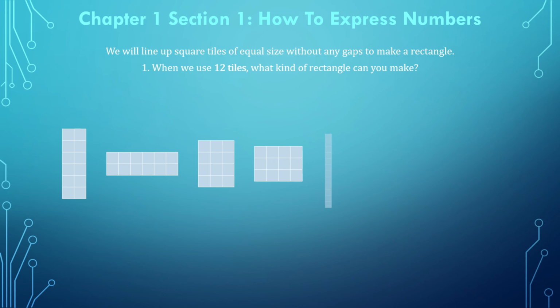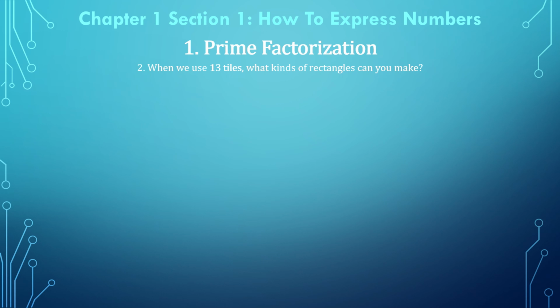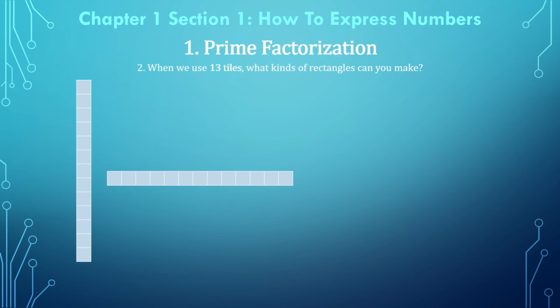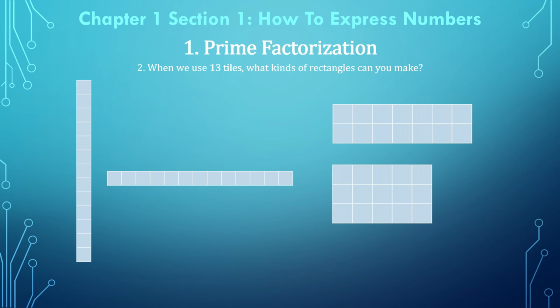Or ones like these. Now, when we use 13 tiles, what kind of rectangle can you make? When you were given 13 tiles, you cannot make any rectangle other than these. Because, with 13 tiles, some tiles don't fit in.